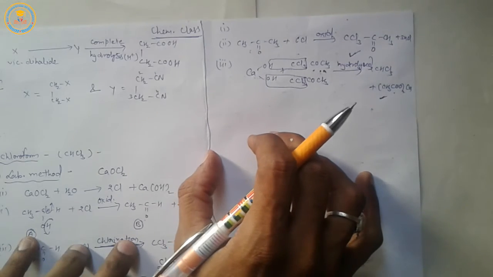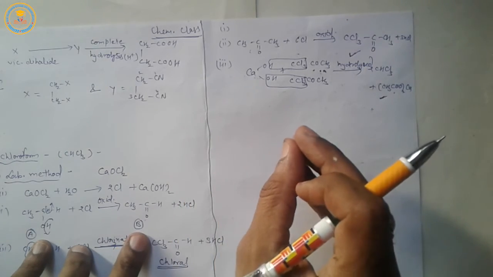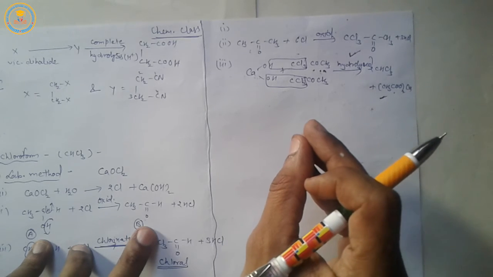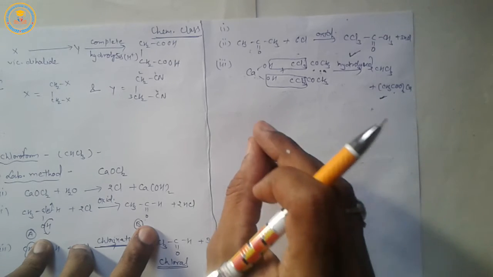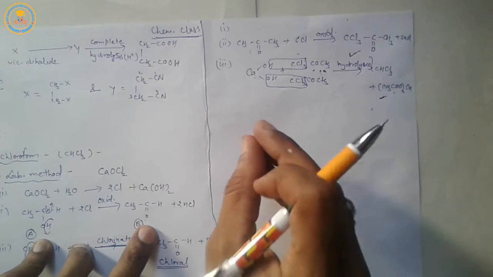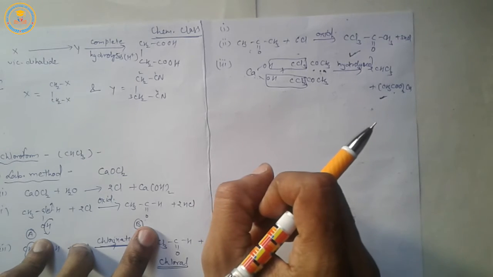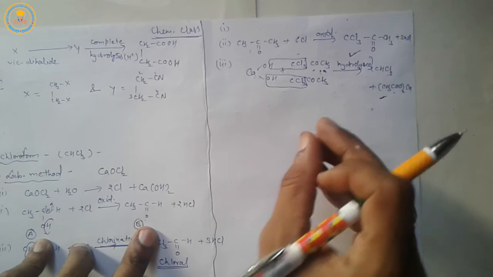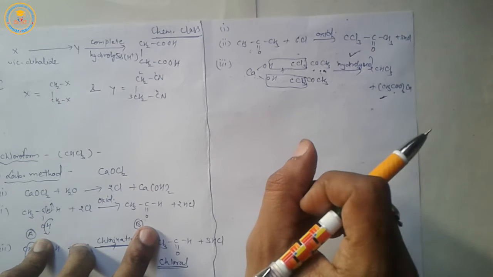Now the method: in a 500 ml round bottom flask, 100 gram bleaching powder, 200 ml water and 25 ml ethanol or acetone are taken and heated on a sand bath. Chloroform from the condenser is collected in water kept in a receiver.